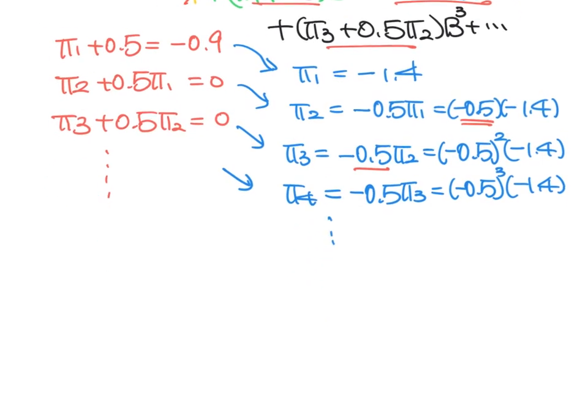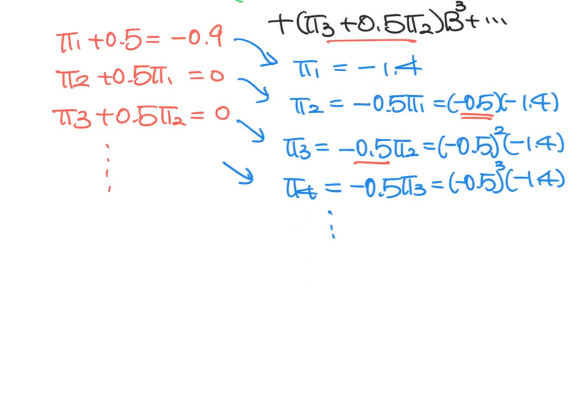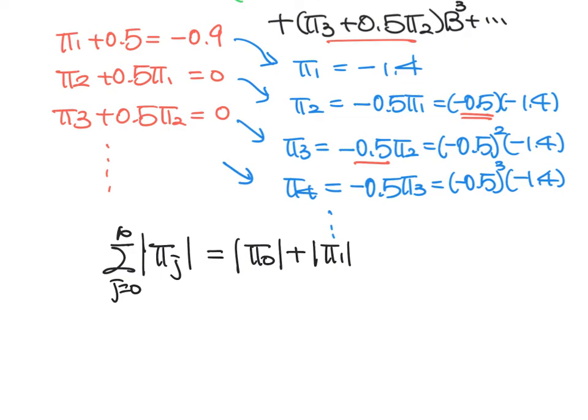Okay, so now we need the infinite summation, remember, of the absolute values of the pi's from 0 to infinity. So we have to take the absolute value of pi 0, the absolute value of pi 1, and the absolute value of pi 2, and keep going.